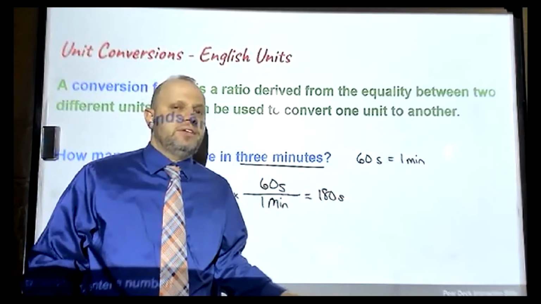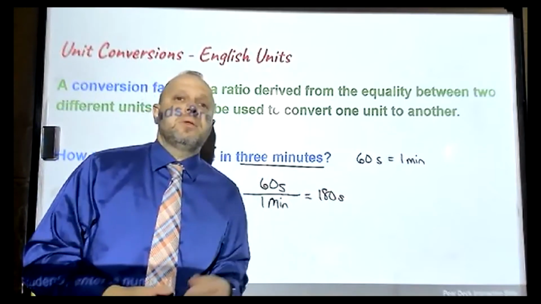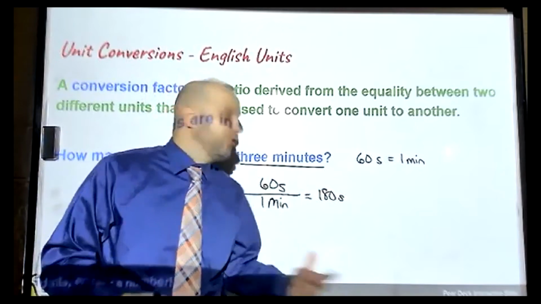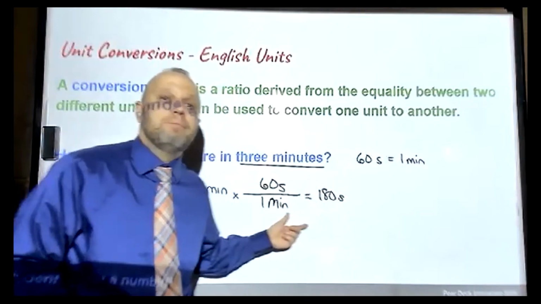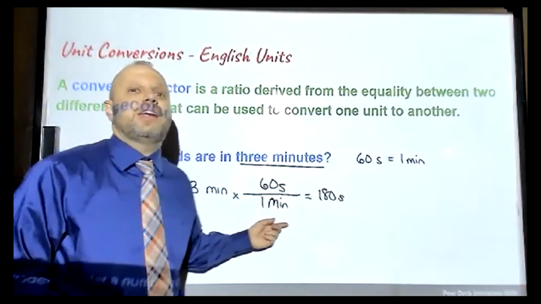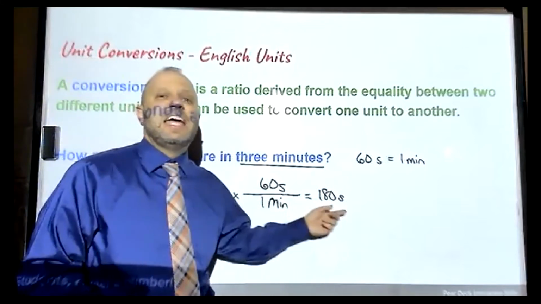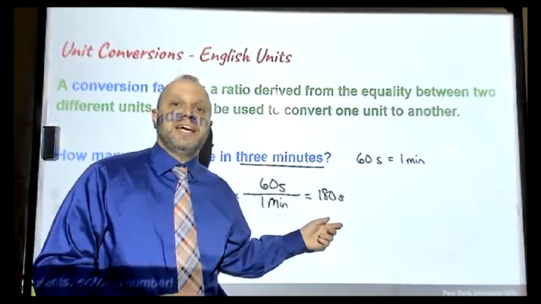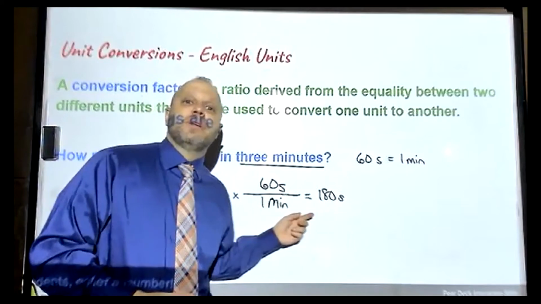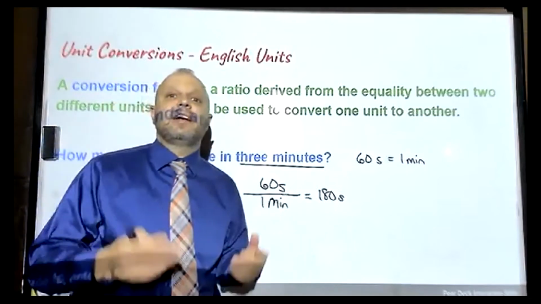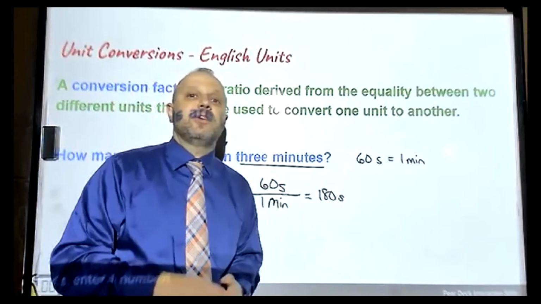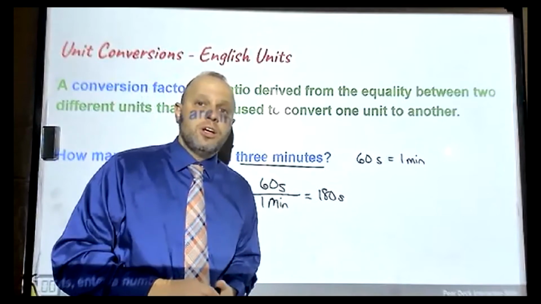Does everyone understand? Now, in most of the problems that we're doing, I'm not concerned about you getting the right answer. I'm very concerned with you setting up this problem correctly. Anyone can type numbers into a calculator and get a final answer, but setting up the problem correctly so that it allows us to get to that final answer is the most important part here.